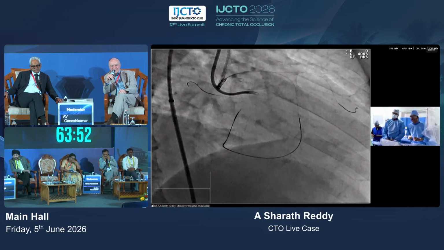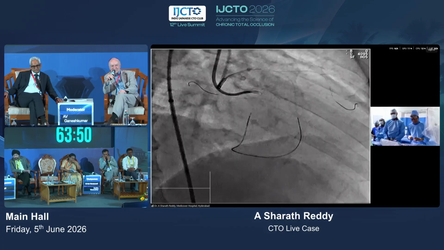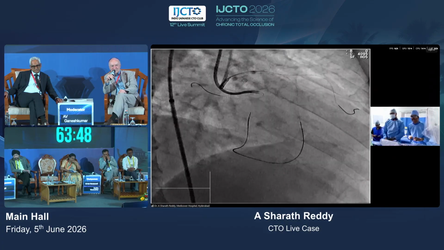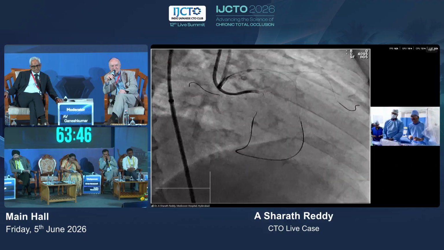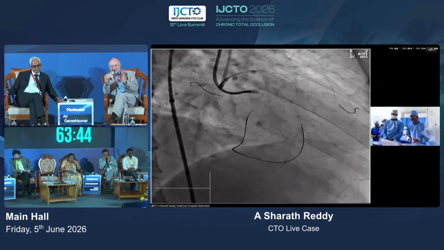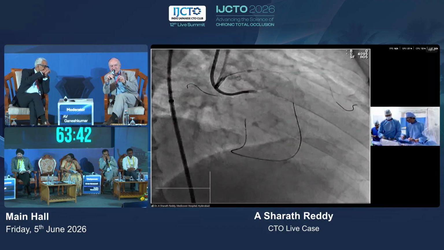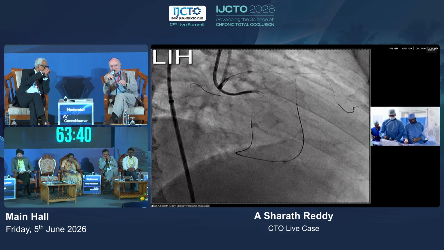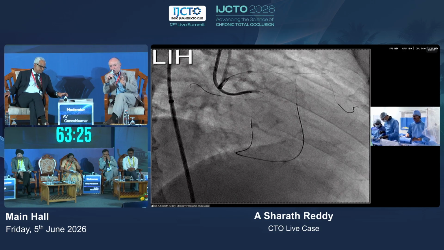Yeah, so I'll just escalate to Gaia 3, as you suggested. If it doesn't work, then I'll move on to Hornet. What I would even suggest, instead of Gaia 3, is to leave the wire there and the collateral there, and now try with a stiff wire to puncture antegrade, because if you don't mark the antegrade cap, your retrograde wire could go into nowhere land.